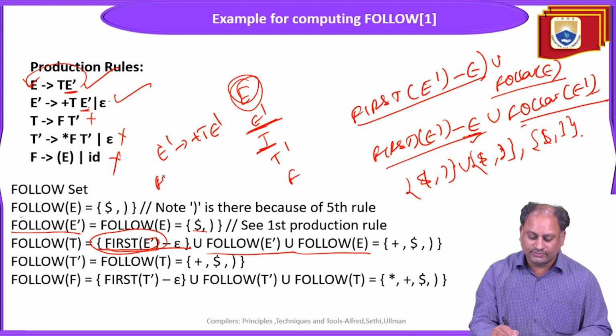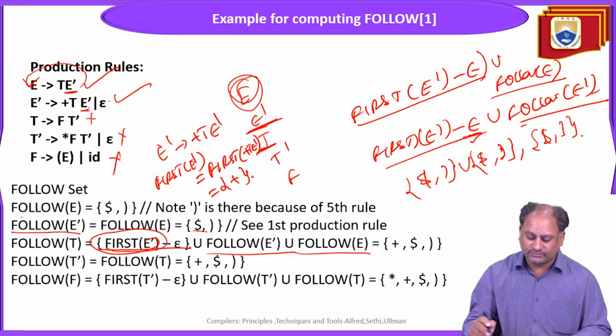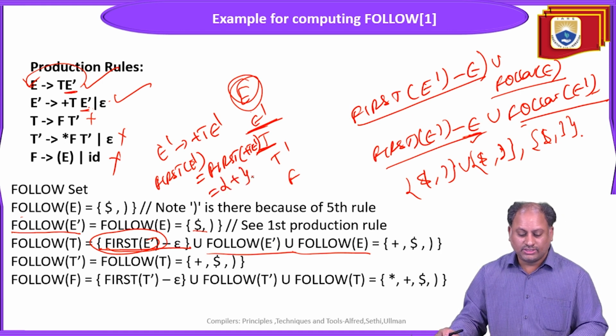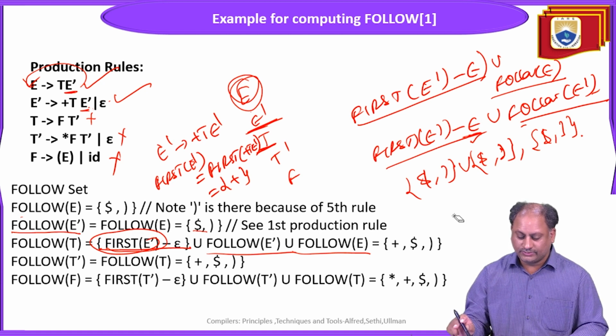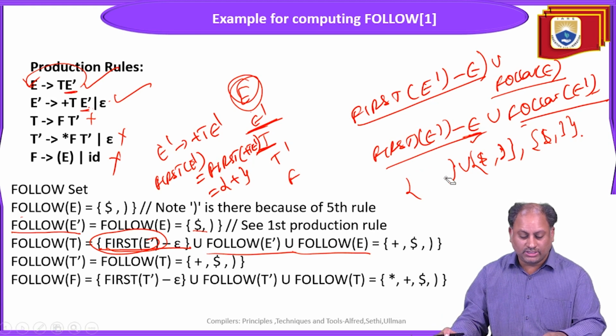So first of E dash is nothing but first of plus T dash. First of plus T dash is equal to plus. And then E dash, anywhere it appears E dash, there is nowhere.